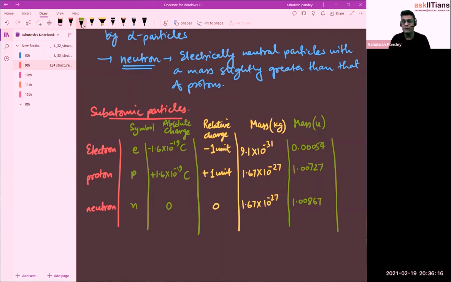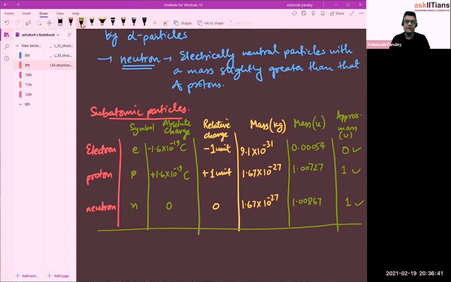We can write the approximate mass in u as 0, 1 and 1. And that's what I was saying, that electrons have almost zero mass as compared to protons and neutrons, and neutrons and protons have almost equal mass.